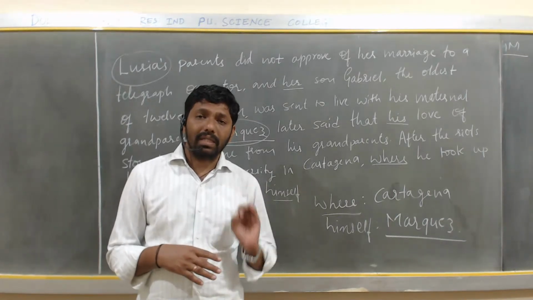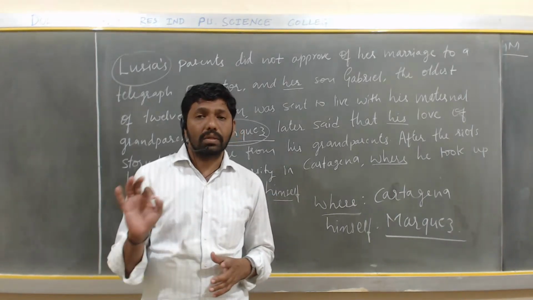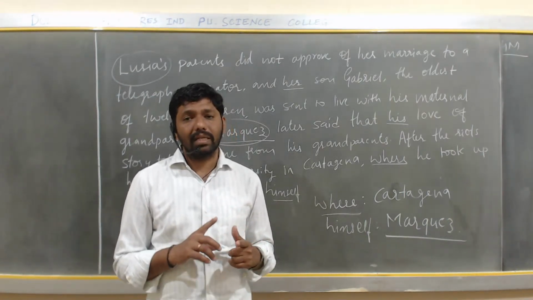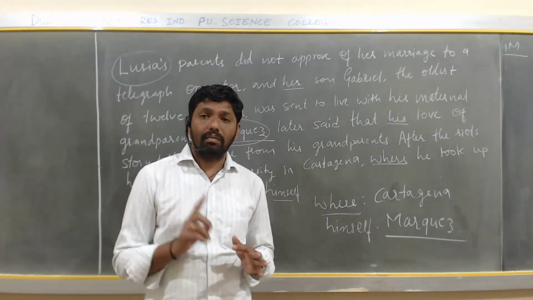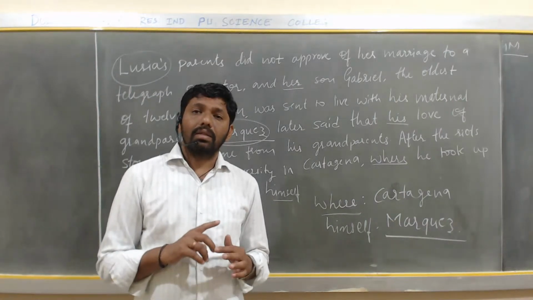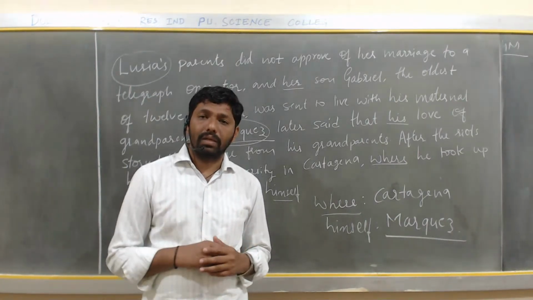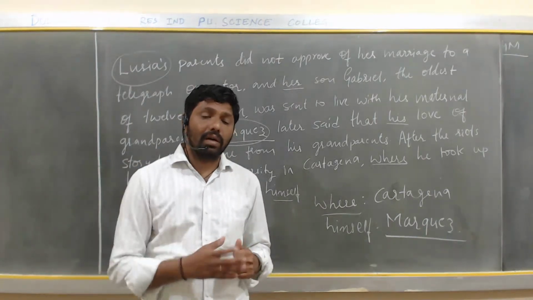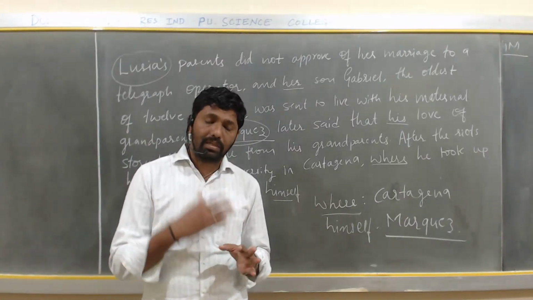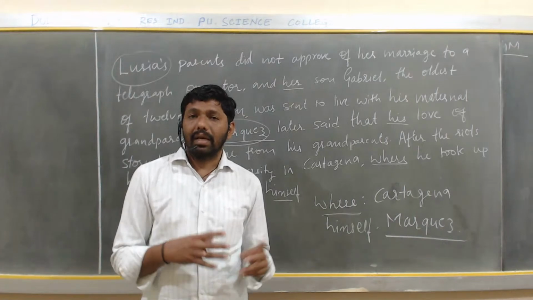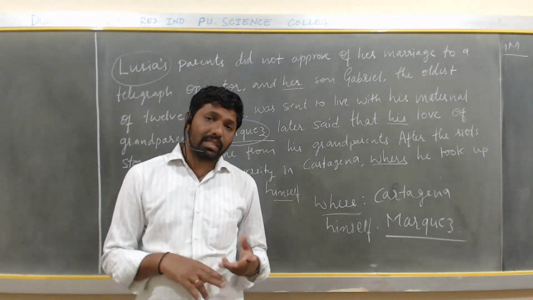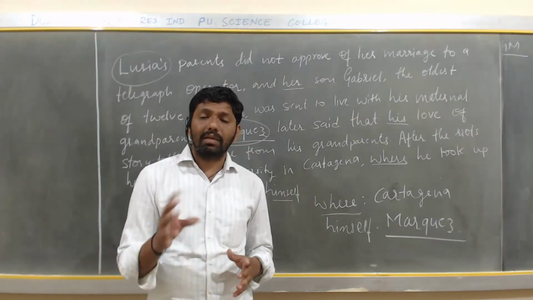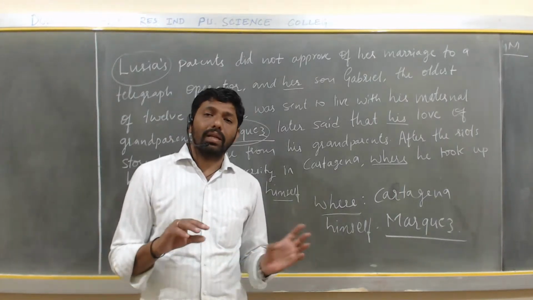By case: subjective I, objective me, possessive my, mine. First person has singular and plural, second person has you for both, and third person singular is he, she, it, and plural is they.